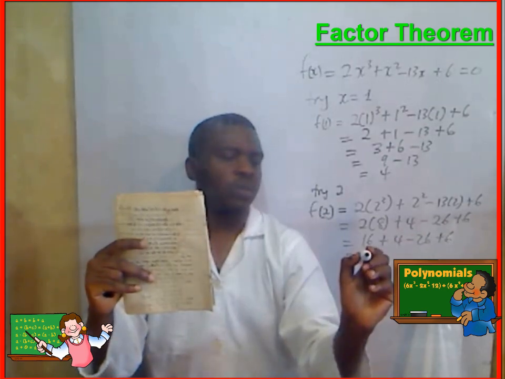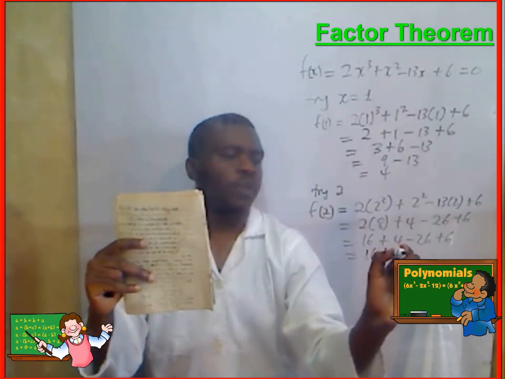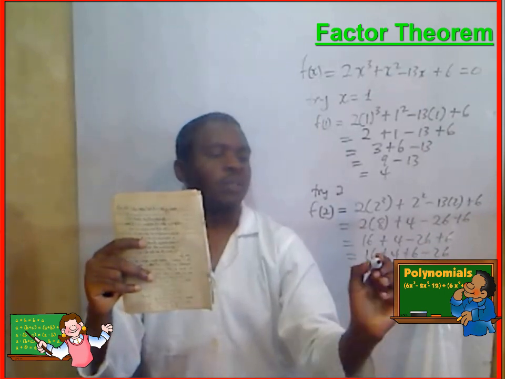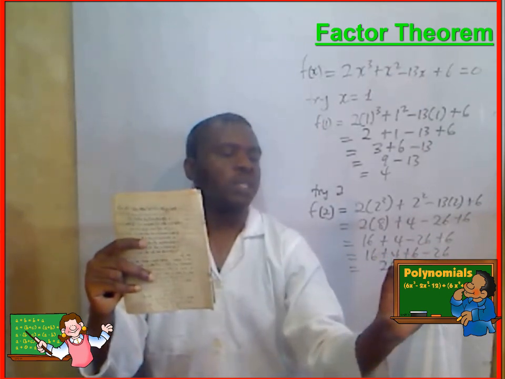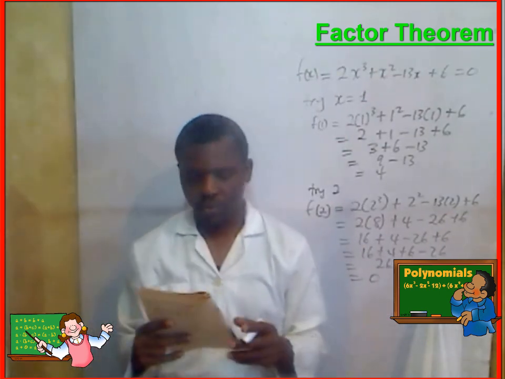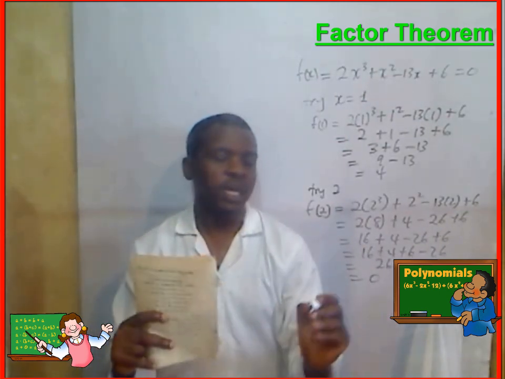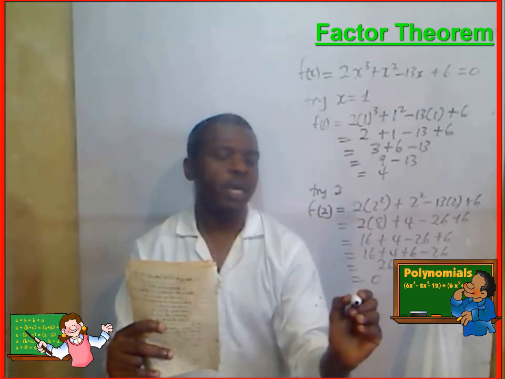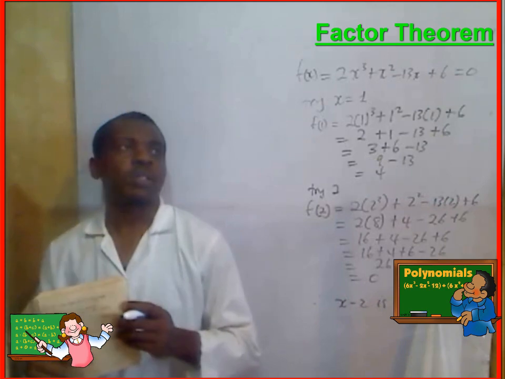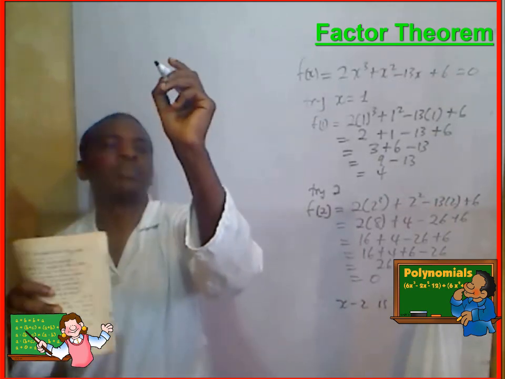This is equal to 16 plus 4 plus 6 minus 26. Adding all of this gives us 26 minus 26, which is equal to 0. This therefore means that x minus 2 is a factor. So how do I get the other factors? I do long division.